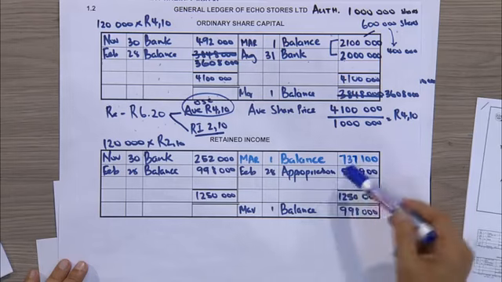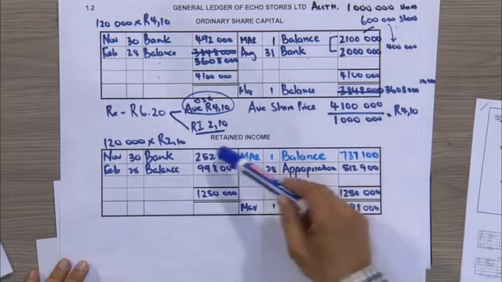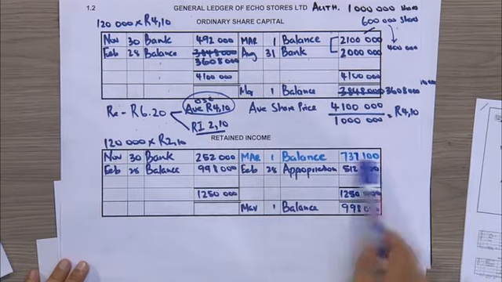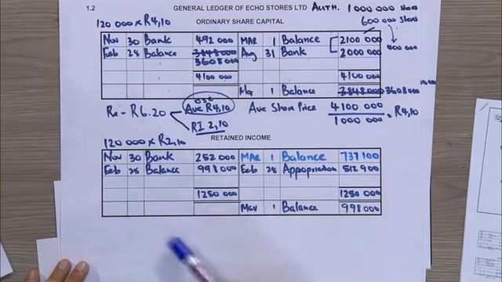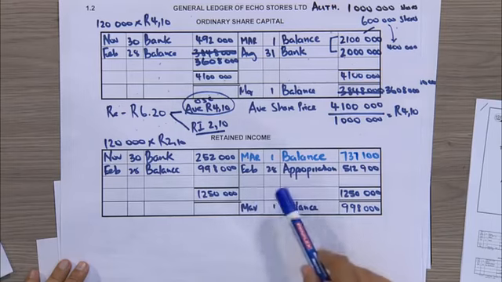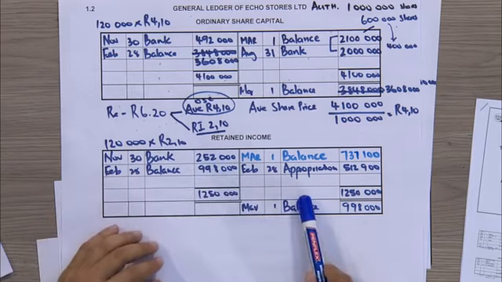If we go to the subject assessment guidelines, you'll see there are 3 different methods of calculating the retained income. Some schools prefer to take the amount straight to the appropriation and then calculate the new retained income in the retained income account using the same principle, or some schools just do it the way we're doing it over here. Whatever you do at school, you do in the exams. They will make provision for all 3 different methods of doing the retained income note. I hope that answers that question.